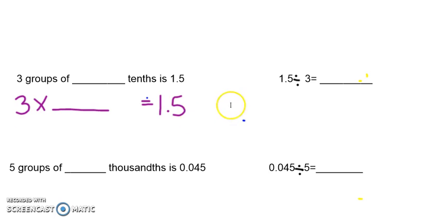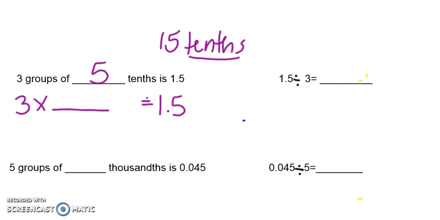So how many tenths do I need to get 1 and 5/10? Remember the strategy that we just used. I want to think of my 1 and 5/10 as 15/10. When I look at it that way, I can see that 3 times 5 would be 15. So because my units are tenths, it must be 5/10.